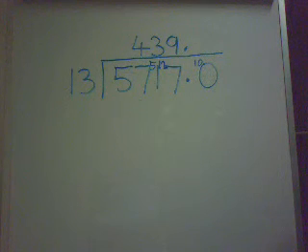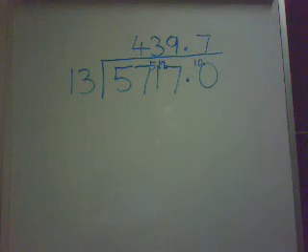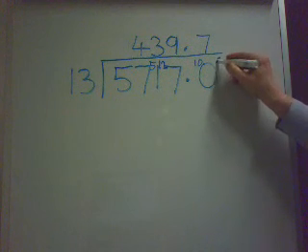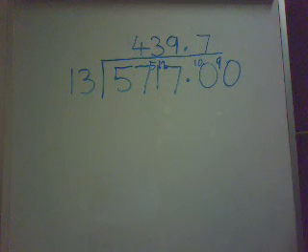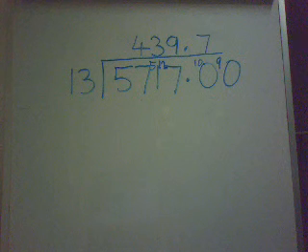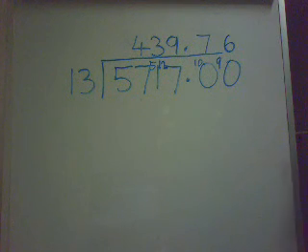So 13 into 100 would go 7 times, and 7 13s are 70 plus 21 is 91, so that would be a remainder of 9, and so on. So 13 into 90 would go 6 times, and so on, to however many decimal places are specified.